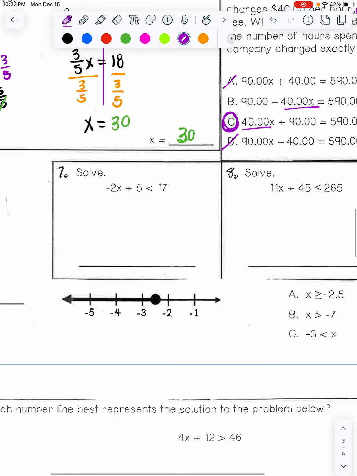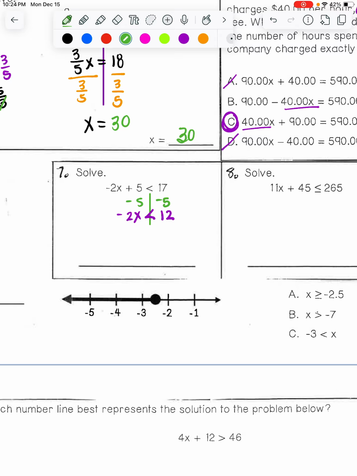Number 7, this is an inequality. It's 2 steps, so everything other than a little bit is basically the same. So I can still do the line. I'll still subtract 5 from both sides, which is going to leave me with negative 2x is less than 12. But we learned a new rule.